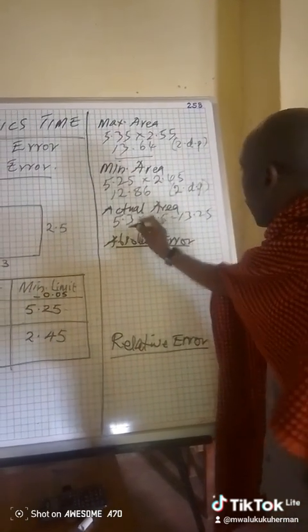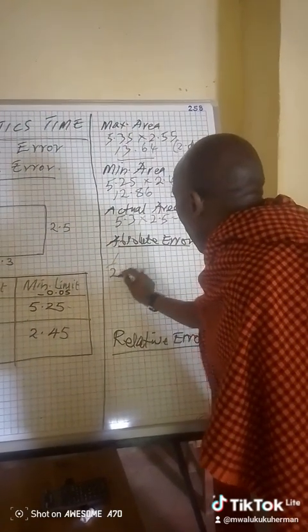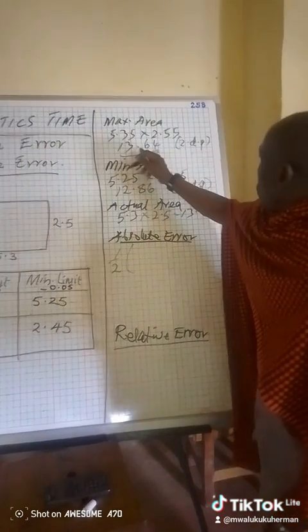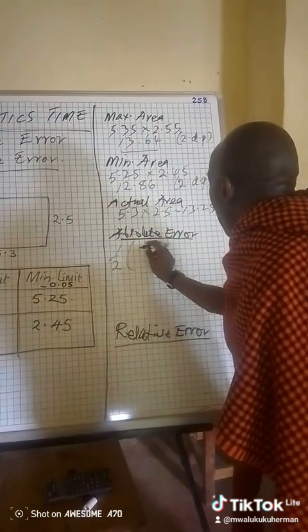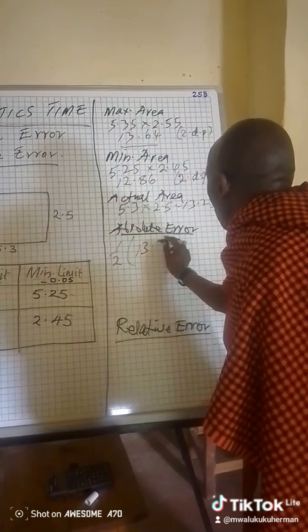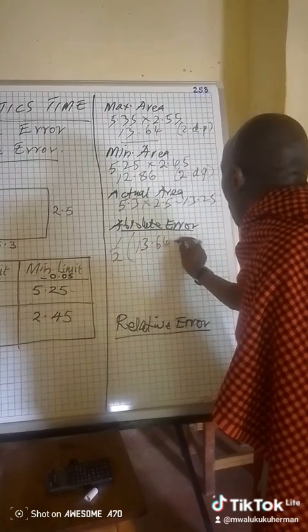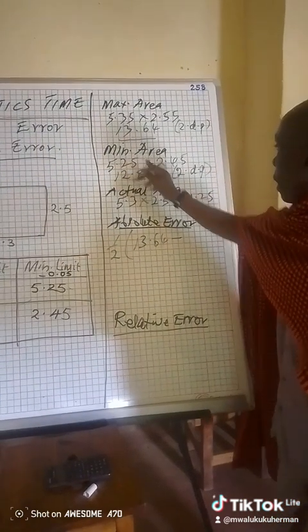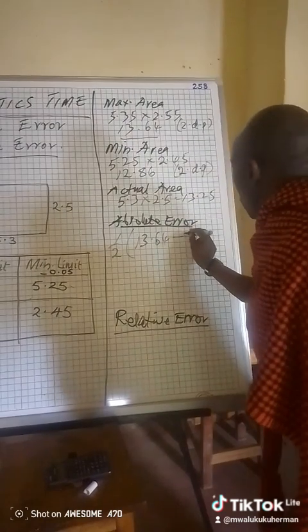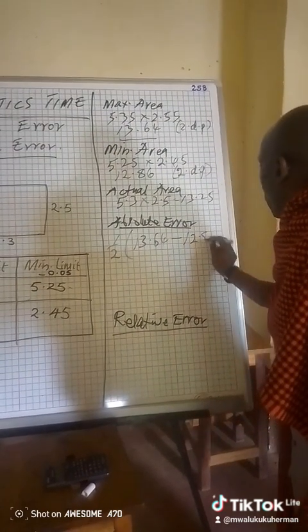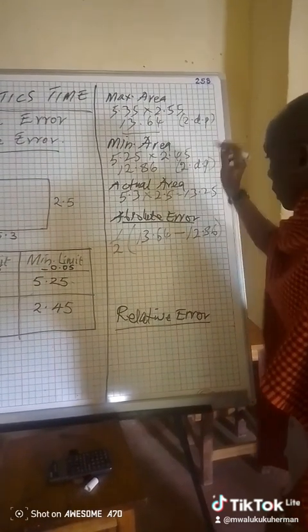The absolute error shall be a half into maximum area, which is 13.64, minus minimum area, which is 12.86.